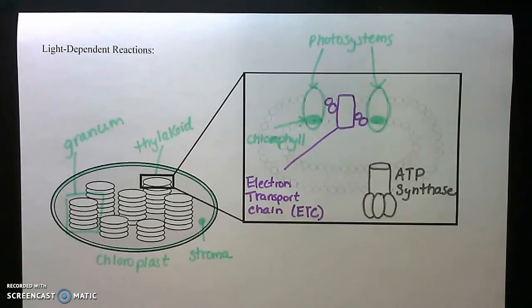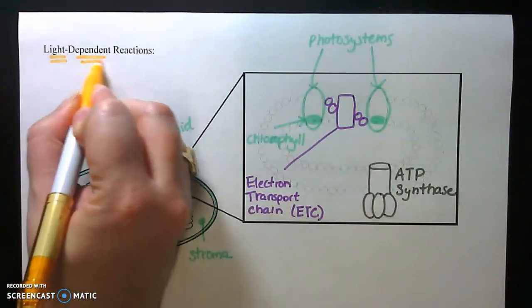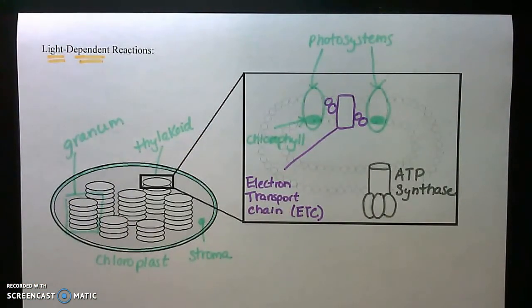So all of those are the components of the light-dependent reactions. So what we are going to discuss is what actually happens when the light hits the chloroplast, and specifically the thylakoid within a chloroplast. So this is light dependent. So we are going to depend on the input of light here.